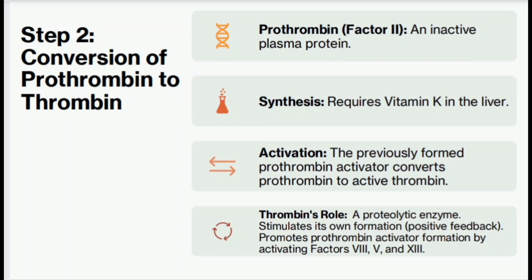Then thrombin's role. It is the proteolytic enzyme which stimulates its own formation, that is, it gives positive feedback and promotes prothrombin activator formation by activating the factors 8, 5 and 13.